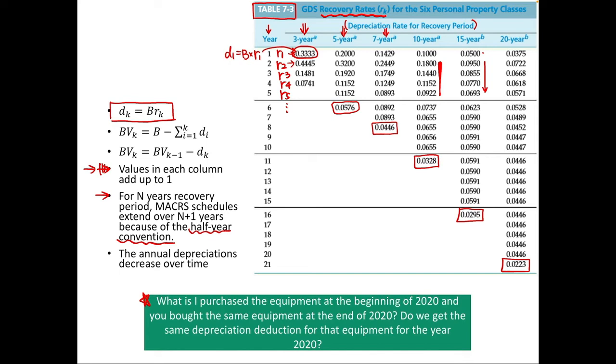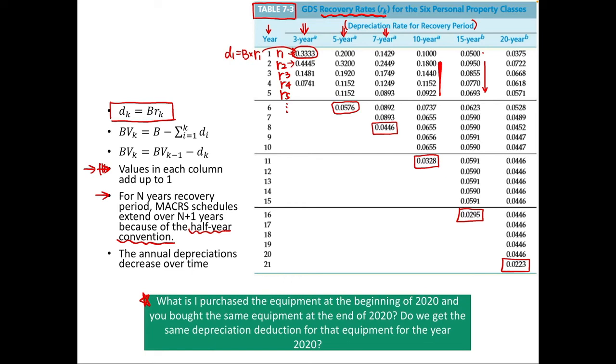It sounds fair, okay? But think about someone who just bought that at the beginning of that year. Isn't he losing another half of the depreciation deduction, right? Because actually he can depreciate the whole year value, but now he is required to only depreciate the half year value.